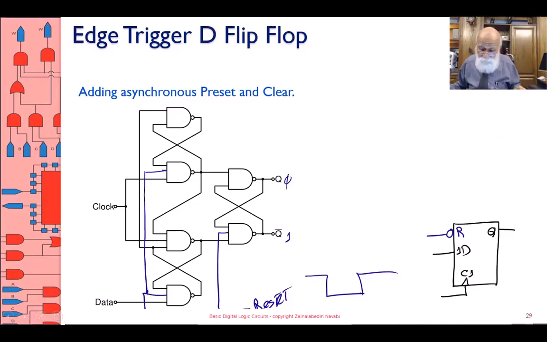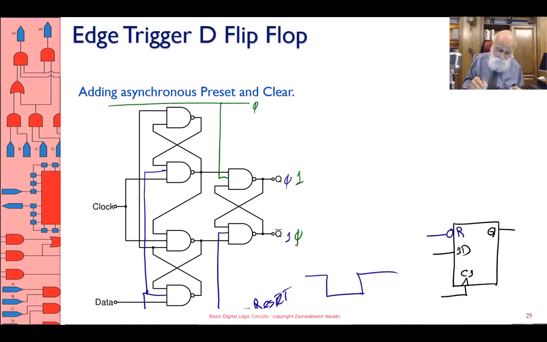Why not add an asynchronous preset? Look, the same argument I said. I bring in a signal, and if I put this into this gate, anytime this becomes 0, the output becomes 1, and the output becoming 1, the complement of it becomes 0. Okay? But then that's not enough.